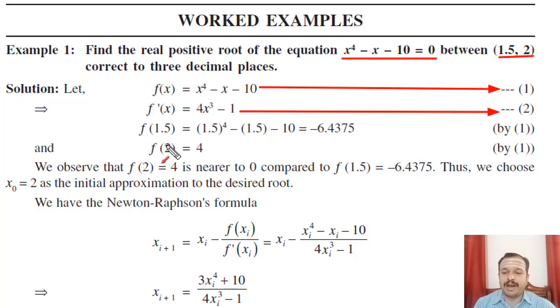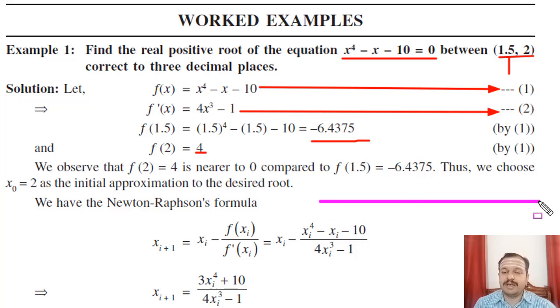Now we will find out what is the value of f at the first point, 1.5. f at 1.5, if you see, it is going to be minus 6 point something. f of 2 is plus 4. So if you please look at this small figure I am going to draw over here.